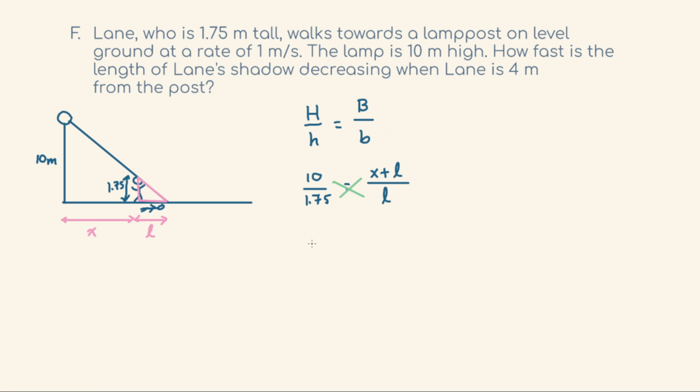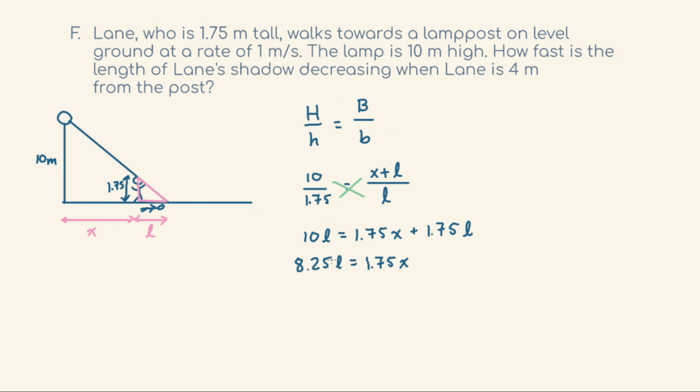So you're going to get 10L is equal to 1.75x plus 1.75L. If you subtract 1.75L from both sides, you're going to get 8.25L is equal to 1.75x. And at this point, you can differentiate both sides.